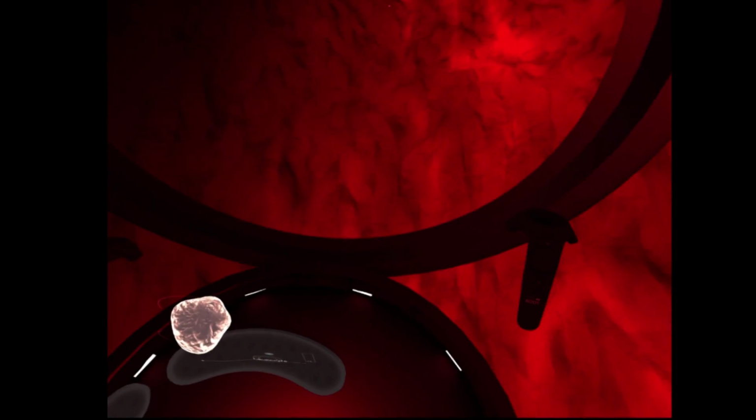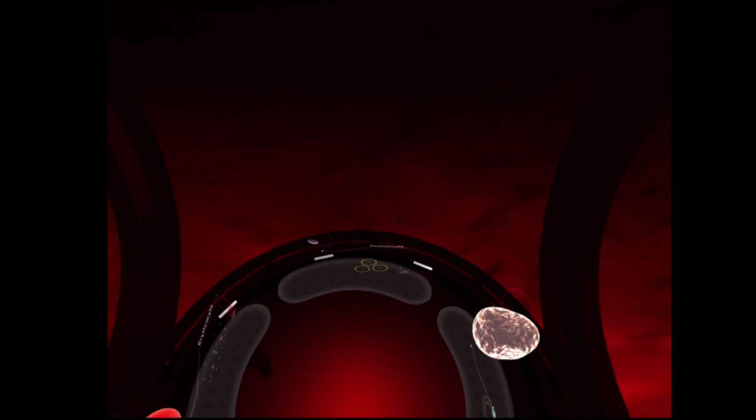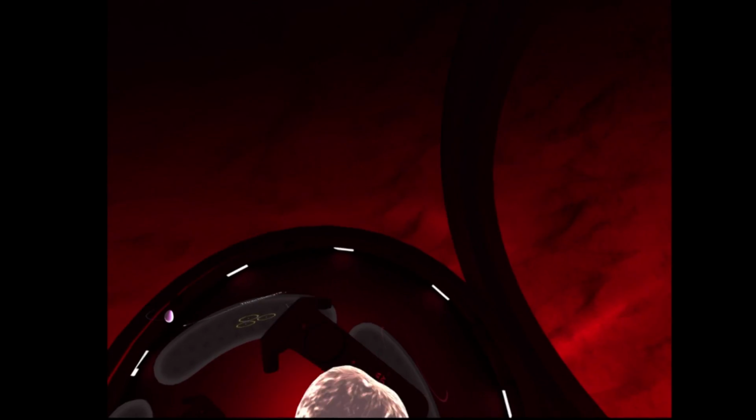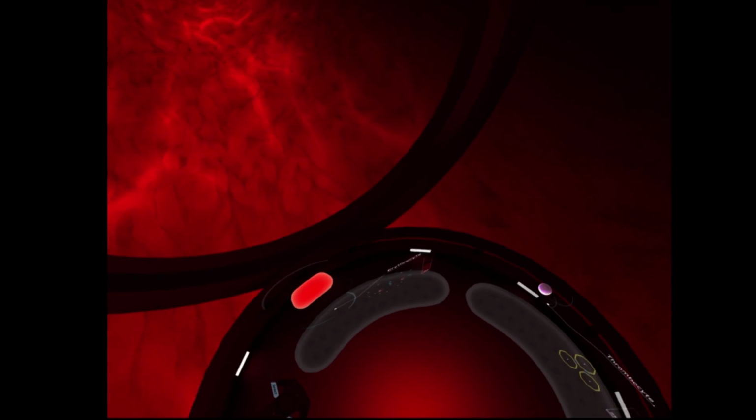Whoa. A type of leukocyte, the monocytes, creep through blood vessels to become macrophages and search for foreign invaders, which they eat and digest. Let's leave the bloodstream through the tear to find a macrophage.